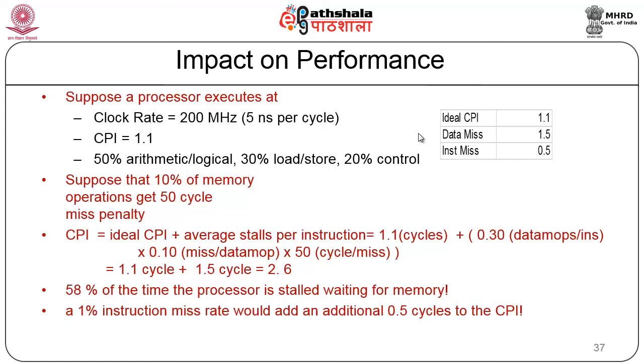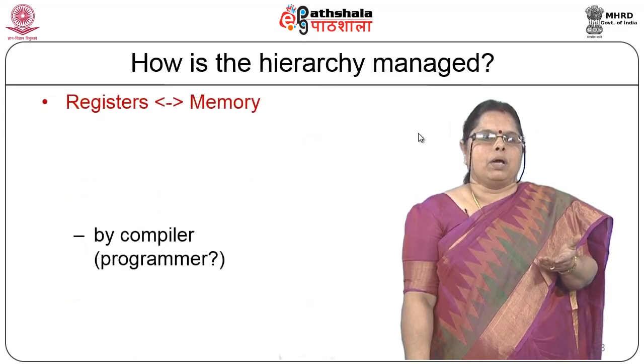If you calculate the CPI value based on this data, you find that the CPI value is 2.6, which means that 58% of the time the processor is stalled waiting for memory. So, that shows you the importance of memory hierarchy design and how memory can actually pull down the processor speed. And a 1% instruction miss rate itself will add an additional 0.5 cycles to the CPI.